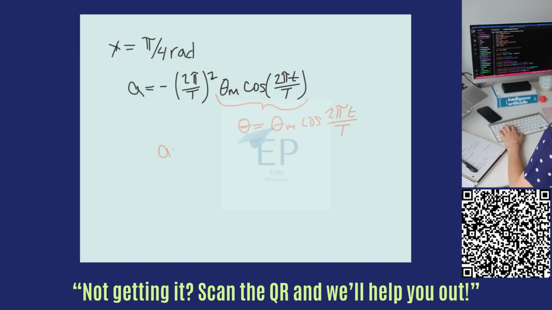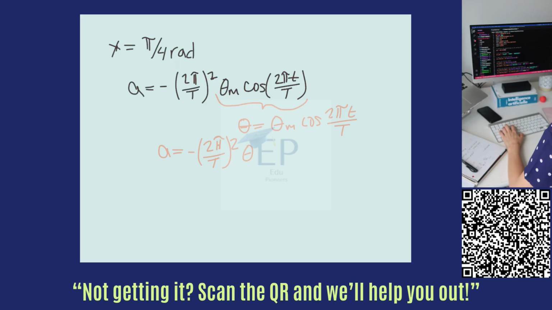So we have acceleration equals negative 2 pi divided by our period squared times our displacement. And we have our displacement as pi divided by 4 rad.